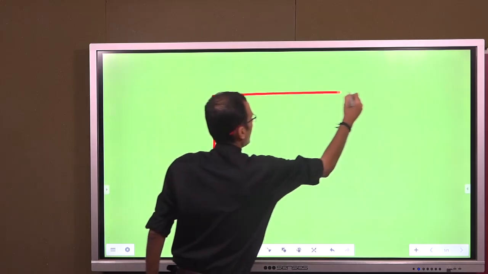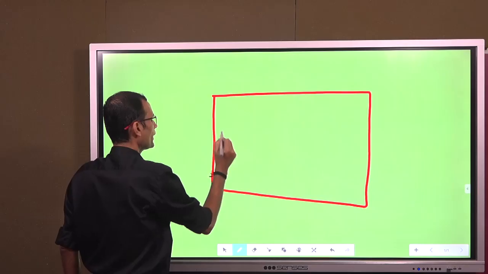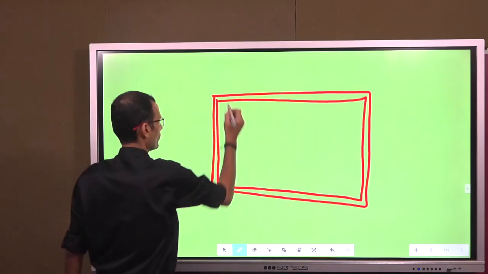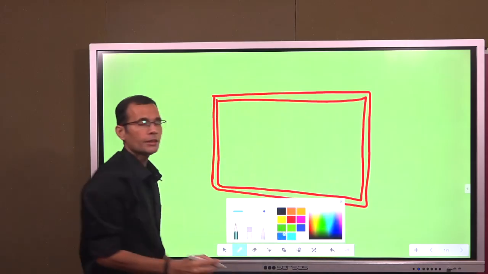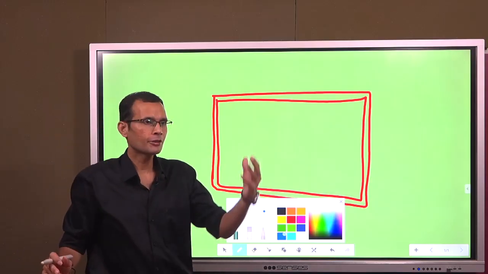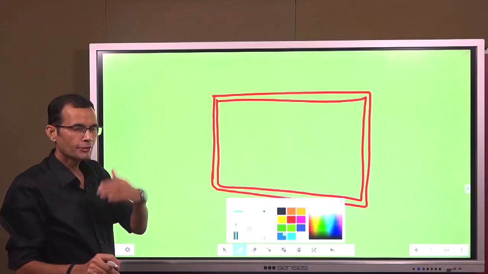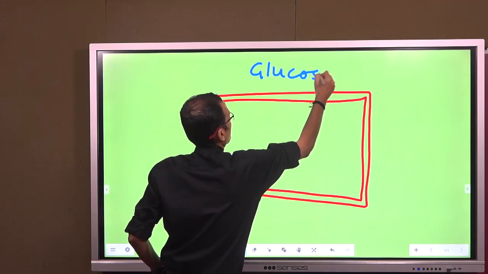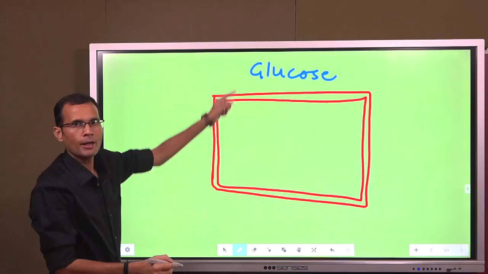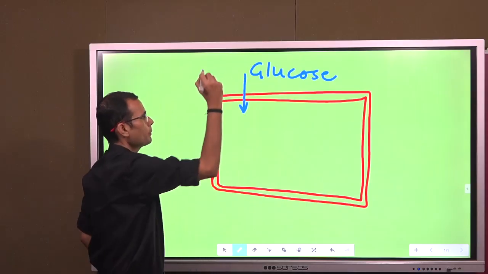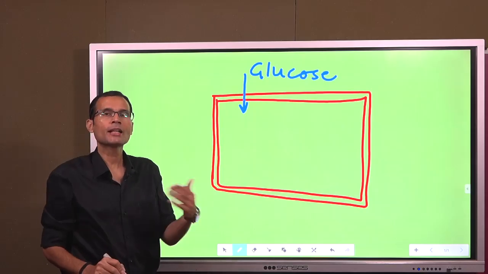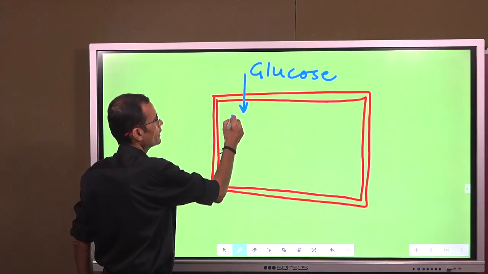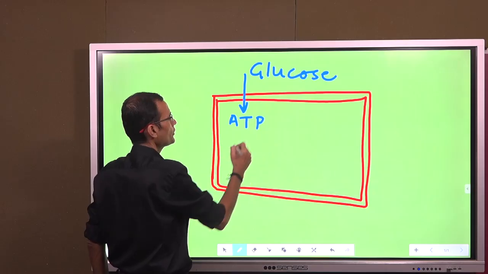Here is a pancreatic beta cell of the islets of Langerhans, and glucose. The plasma glucose has increased after we eat the carbohydrates, after we eat the food. Plasma glucose enters the pancreatic beta cell and it's metabolized. Once it's metabolized, there is ATP generation.